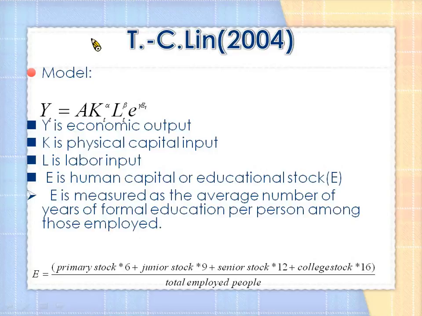And here is another calculation, more sophisticated, for the years of schooling. This is the index for years of schooling: the primary stock multiplied by 6 years of schooling, the junior stock by 9 years, the senior stock by 12, and college by 16 as weights, relative to the total number of people involved in the count for this measure of education.